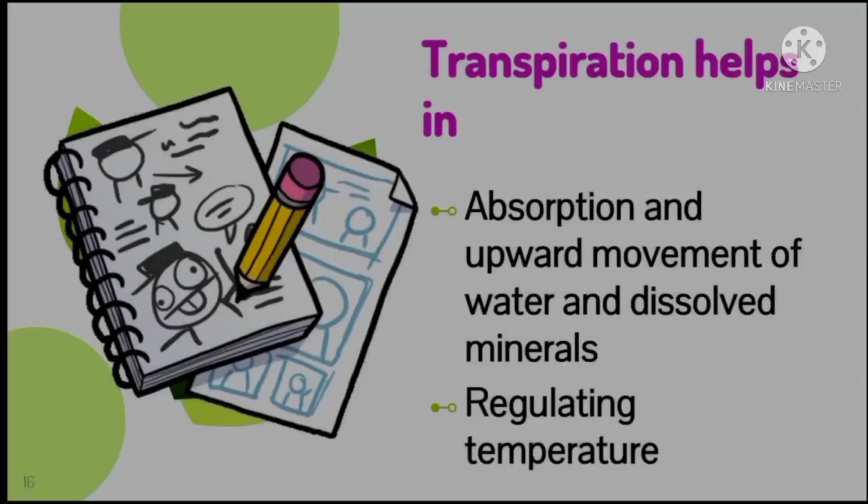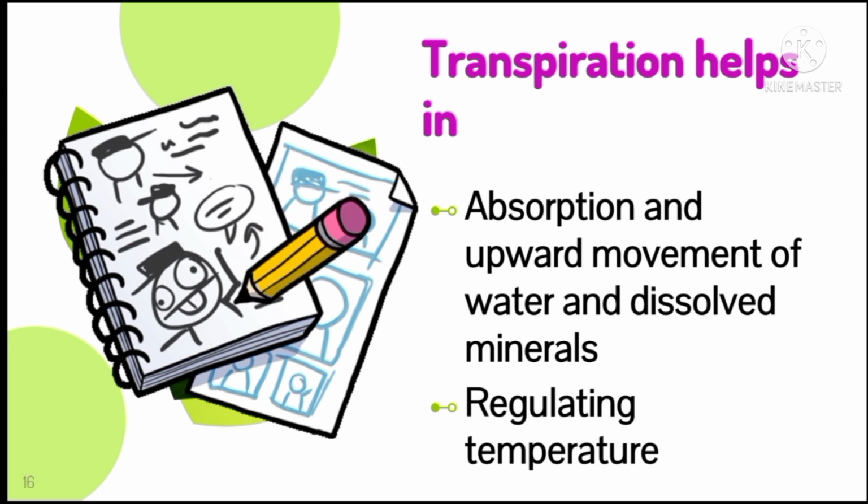Hence, we can say that transpiration helps in absorption and upward movement of water and dissolved minerals. Transpiration also helps in the regulation of temperature. When we sweat, our body cools down. In the same way, transpiration, which is similar to sweating, also helps in regulating the temperature of the plant body.